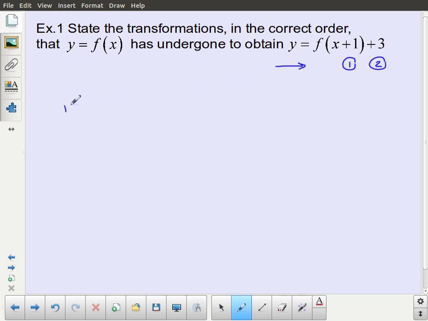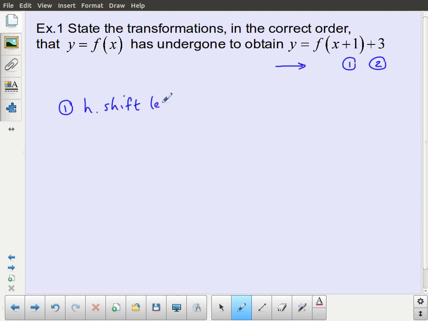And I think of this in terms of quadratics. This first transformation would be a horizontal shift, and keeping in mind the meaning, if this was x plus 1 in the quadratic equation, this would mean a shift to the left by 1.